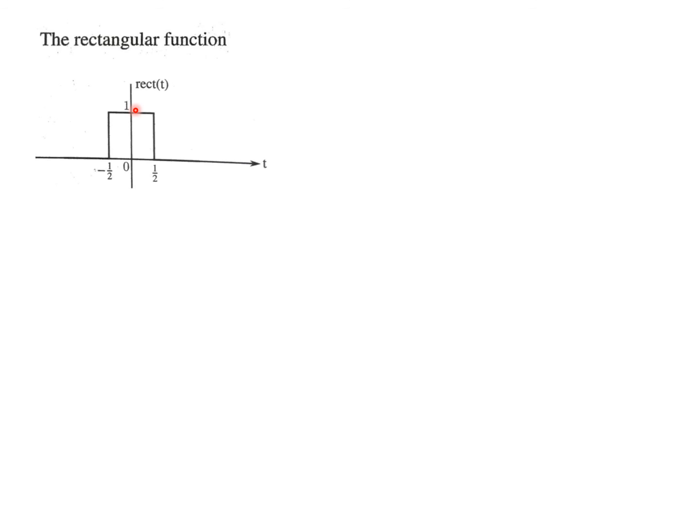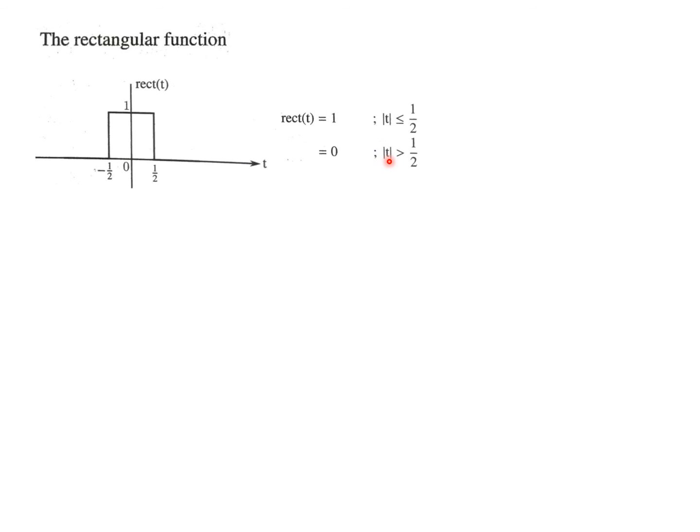The equation for the unit rectangular pulse is rect t is 1 for mod of t less than half. That is, for t less than plus half and greater than minus half, it is 1.